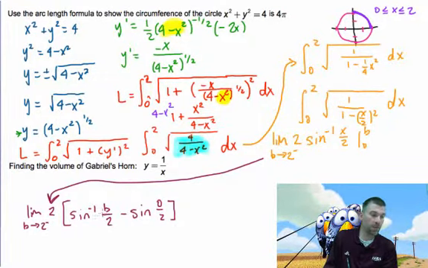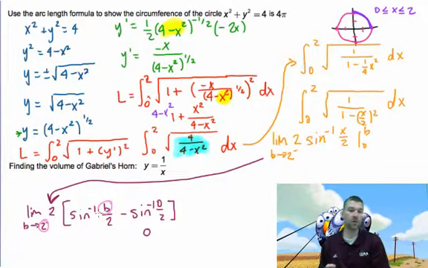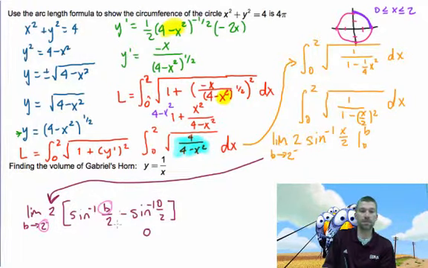What angle gives us an arcsine of 0? Well, 0. Going towards 2, I have b over 2, and I can substitute this 2 in. What angle gives us the sine of 1? In this case, it would be pi over 2.